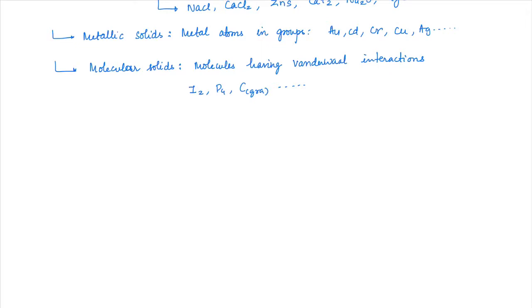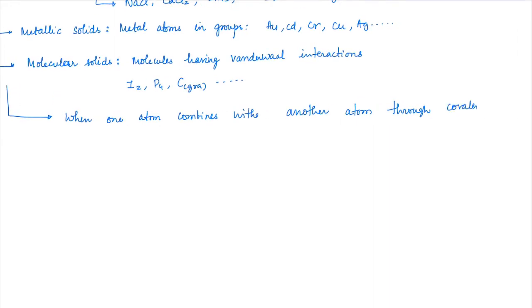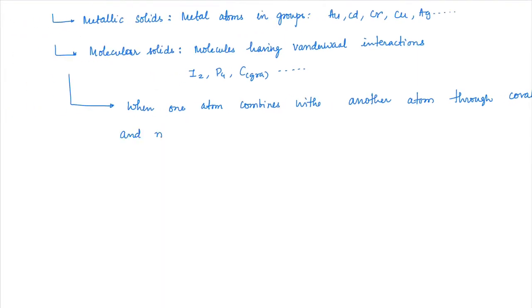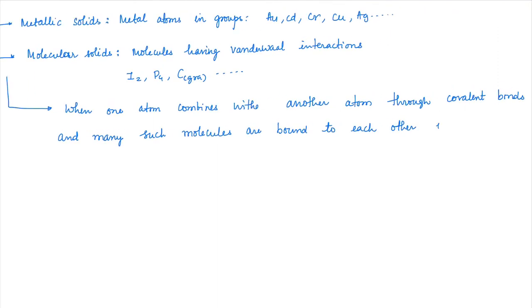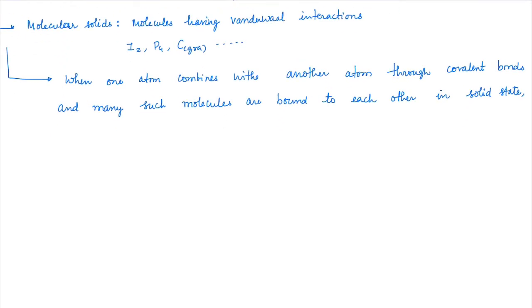So this part on molecular solids is very, very important for us because we are talking mostly about these. This is what we usually see when one atom combines with another atom through covalent bonds, and many such molecules are bound to each other in the solid state with the help of van der Waals forces of attraction, or a special type of van der Waals attraction known as hydrogen bonding.